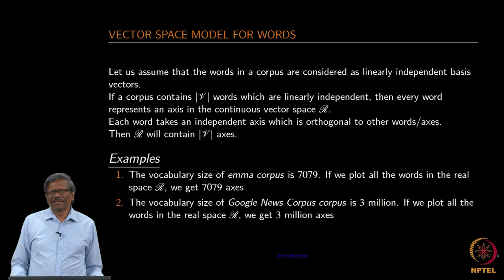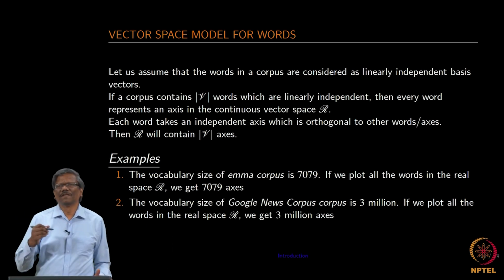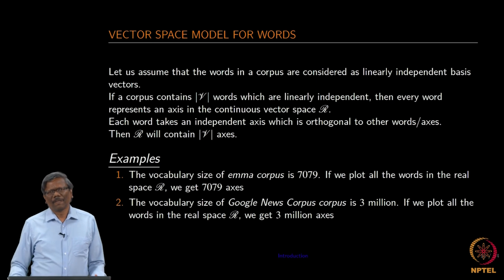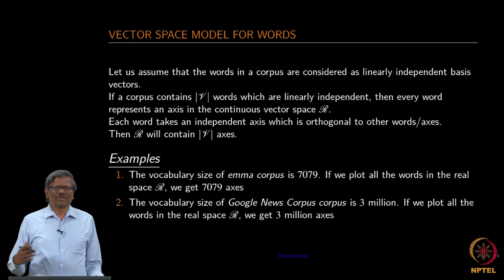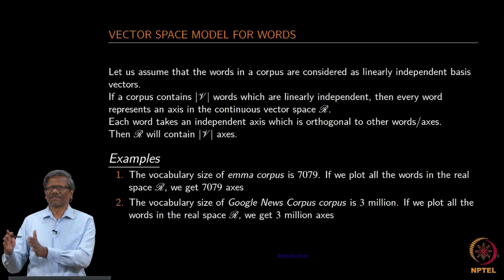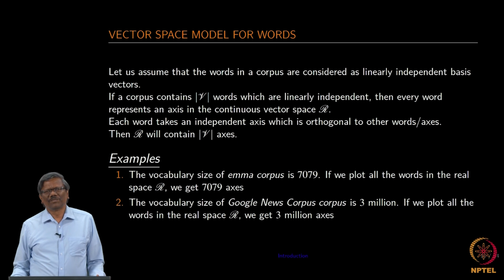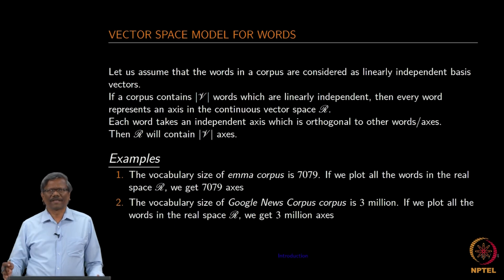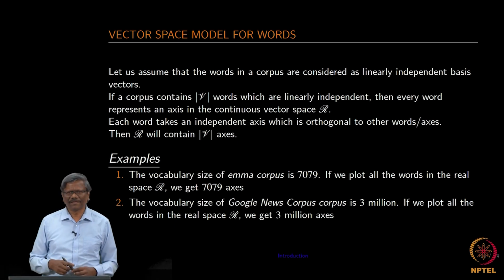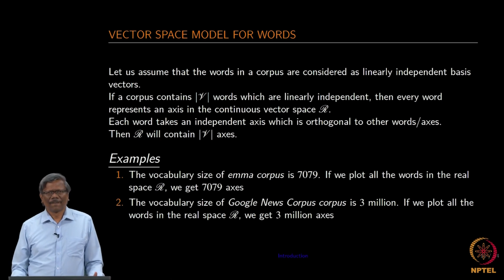Let us assume there is a search engine running behind, and I just give the word "buy". A normal search engine should look for the word "buy" and get me all the documents where this word has occurred, and then list them based on some ranking. Let us not worry about the ranking right now. Let's say it has listed certain documents in certain order, and every document will have that word.